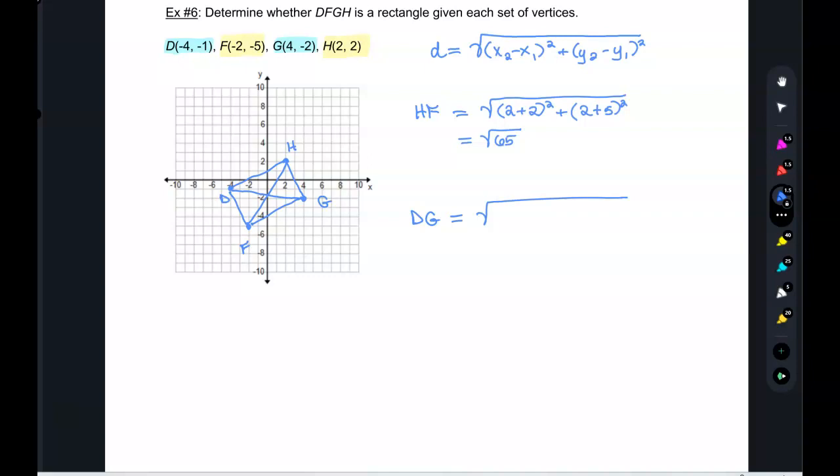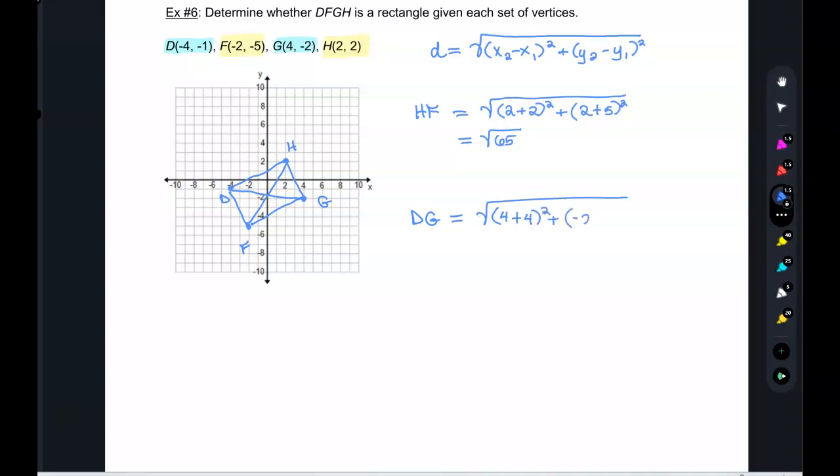You got the same thing, Taylor? All right, so let's see. 4 minus -4, so that would be 4 plus 4 squared.